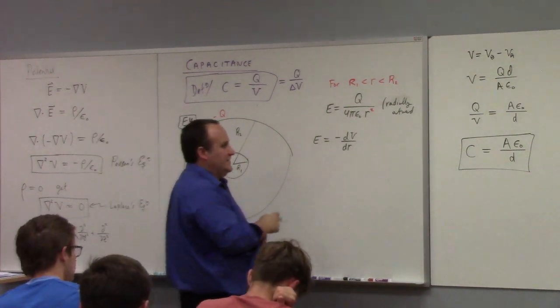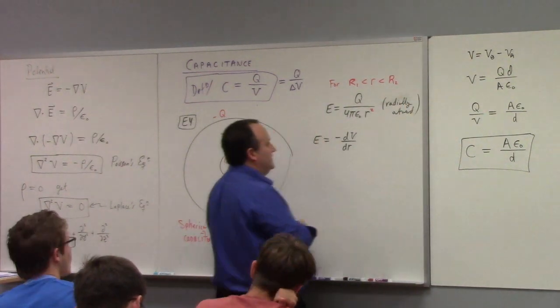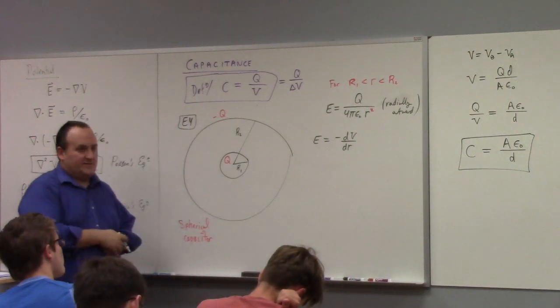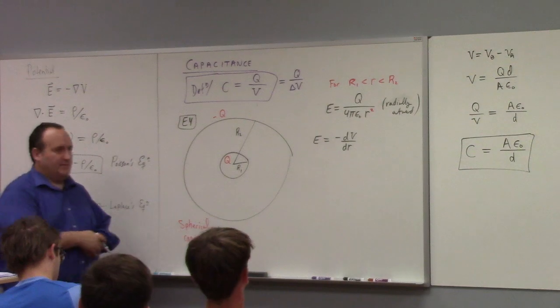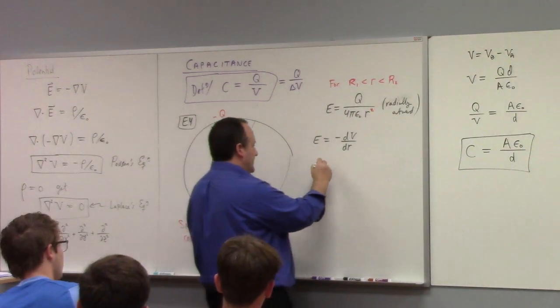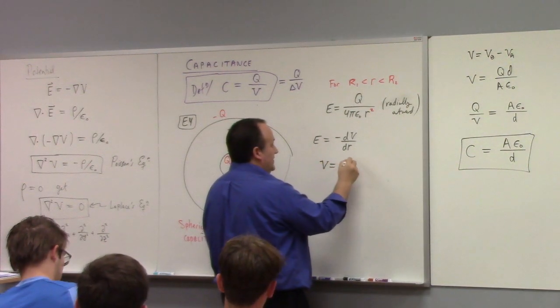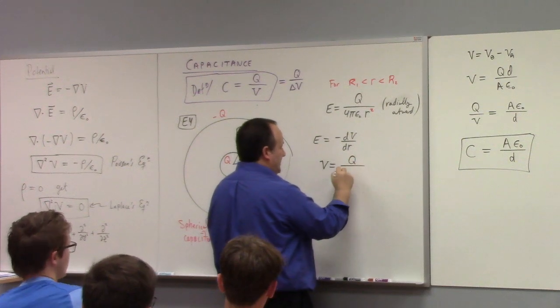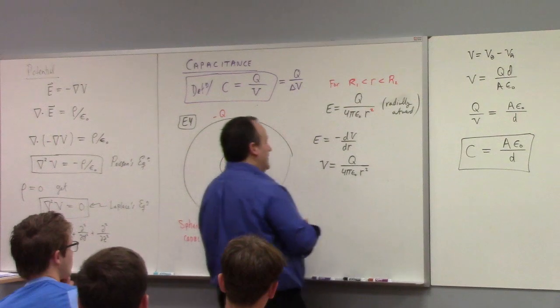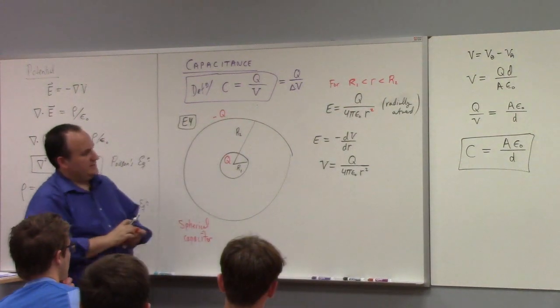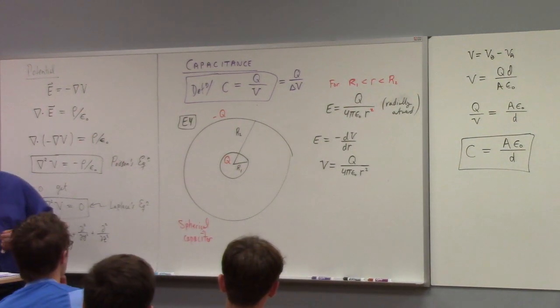That's the definition of voltage as it regards a spherically symmetric electric field. Sure, granted. But somehow I then managed to say that the voltage is Q over 4 pi epsilon naught R squared, which is so very, very wrong.